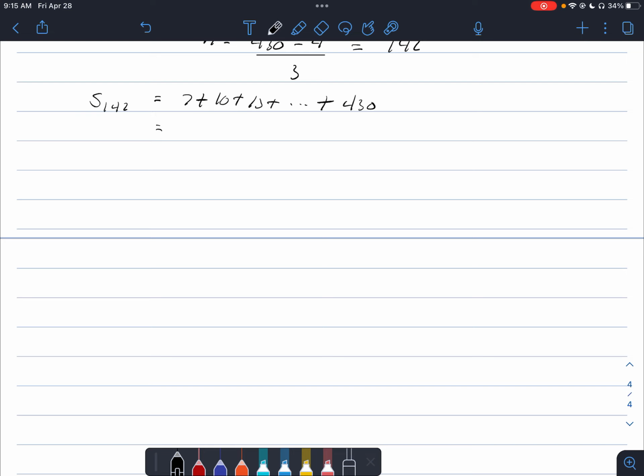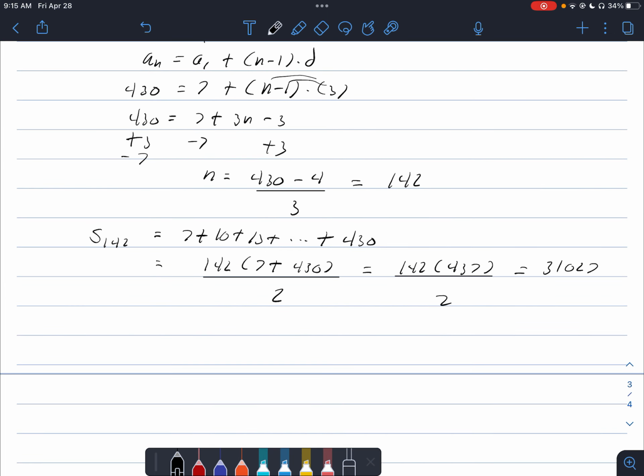We have n is 142, so we'll have 142 times a1, which is 7, plus an, which is 430, all divided by 2. So this becomes 142 times 437 divided by 2. Plugging that into a calculator, we get 31,027. So the sum of the first 142 terms of this sequence is 31,027.